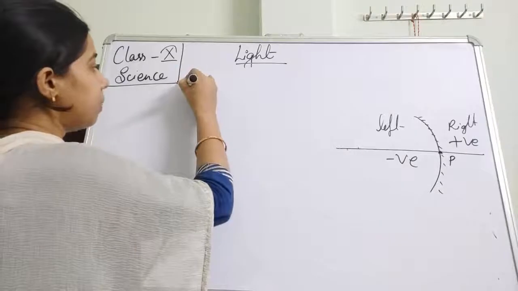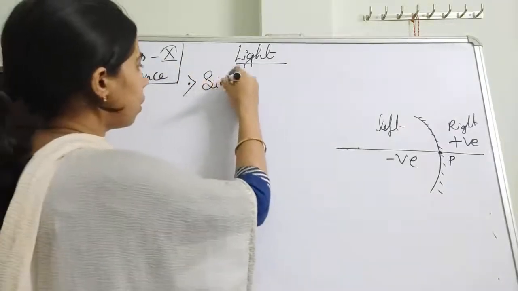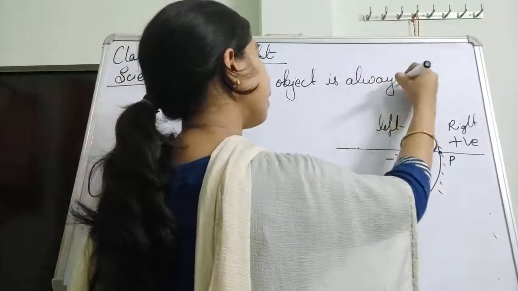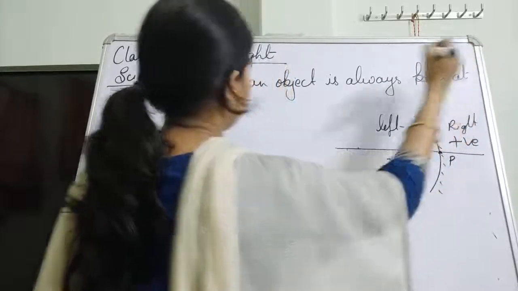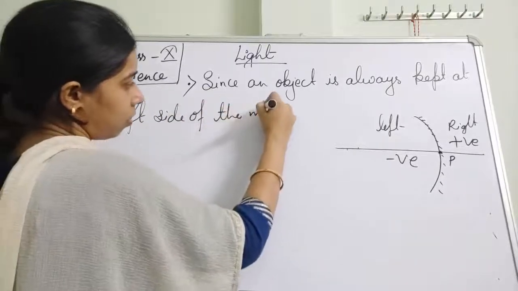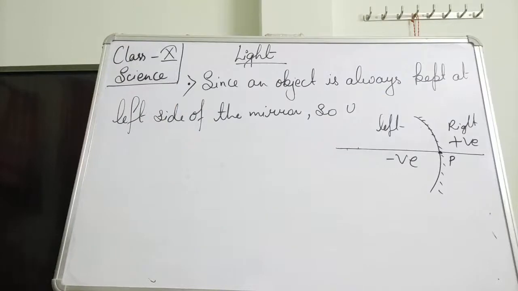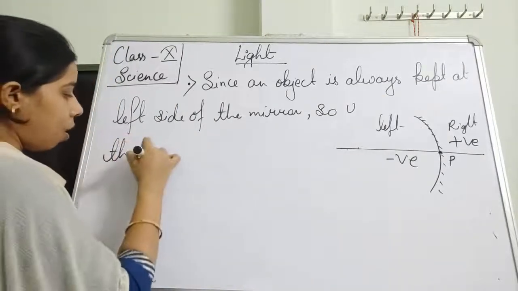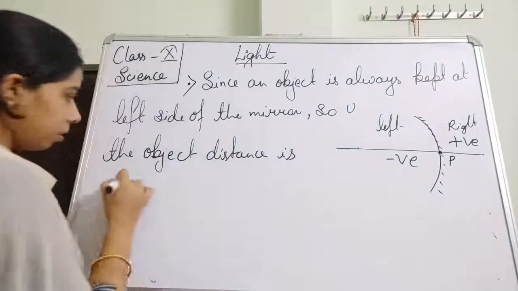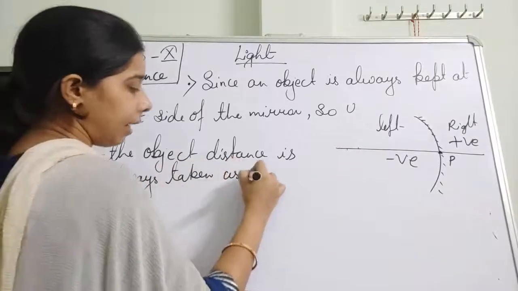So we can say here that since an object is always kept at the left side of the mirror, U, that is the object distance, is always taken as negative.